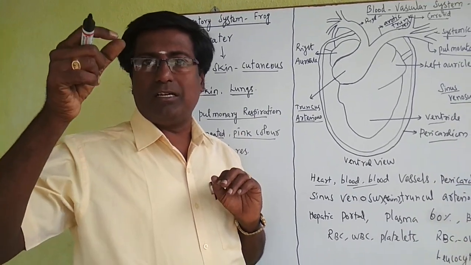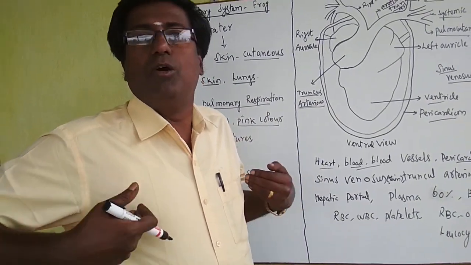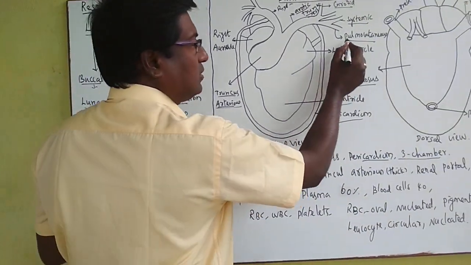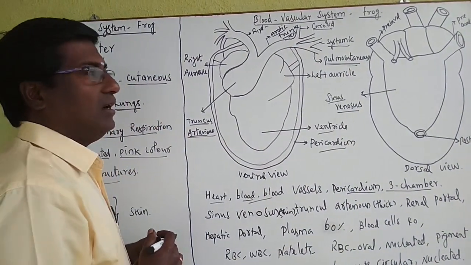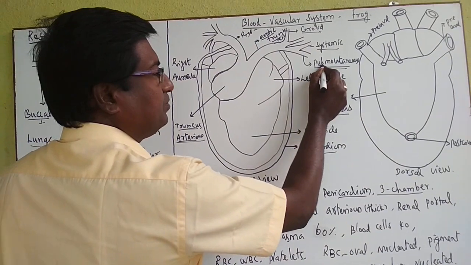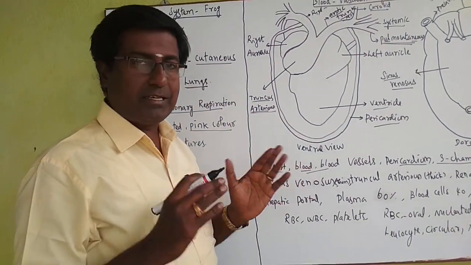The single dorsal systemic aorta supplies blood to the posterior part of the body of the frog. The third one is the pulmocutaneous branch, which supplies the pulmo, meaning lungs, and cutaneous, meaning skin. It supplies blood to both lungs and skin.